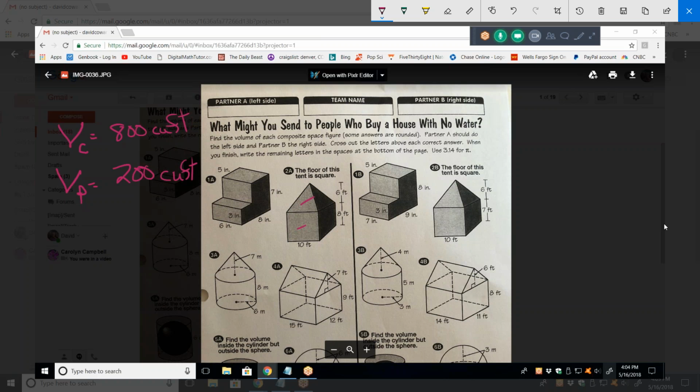One way to remember that is anytime you have something that goes to a point, it's 1/3 of the volume that it would have been if it had been a full cube. And that's true whether it's a cone or a pyramid like this or a pyramid with a six-sided base. It's whatever the area of that prism would have been divided by 3. It's just a handy way to remember. So the total volume of that is 1,000.